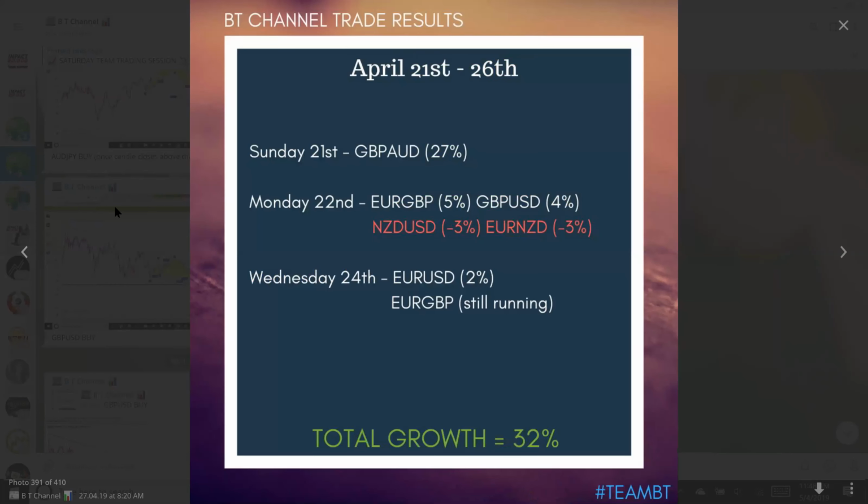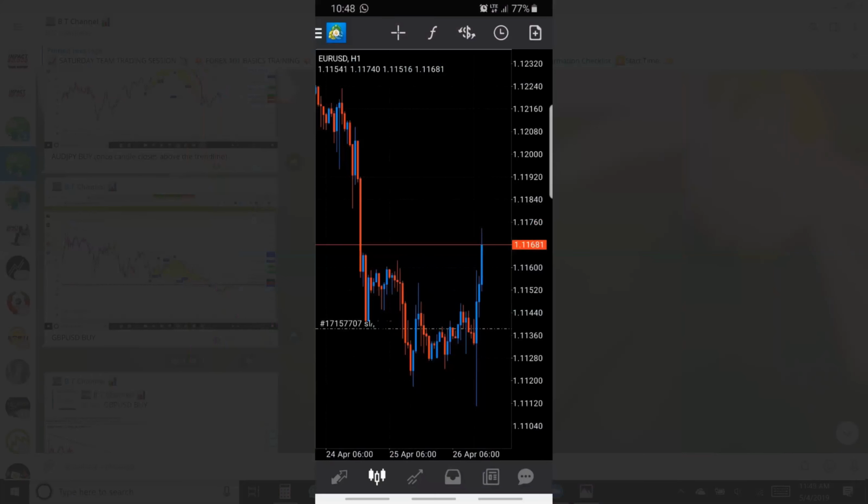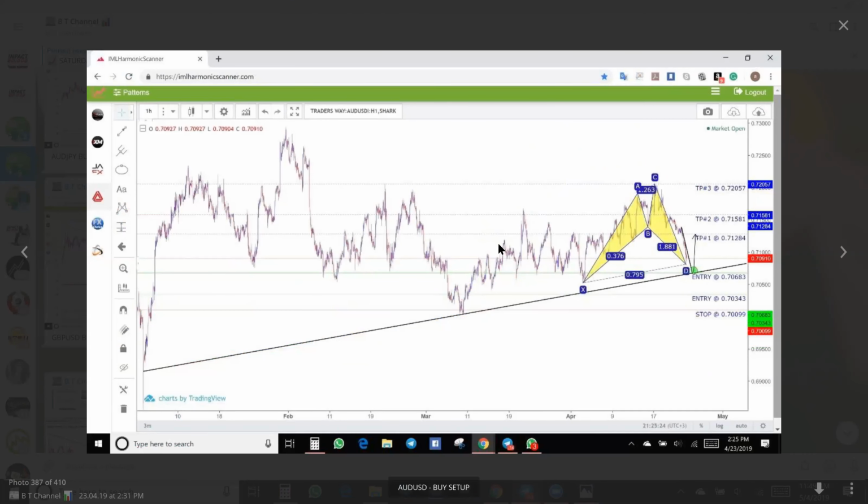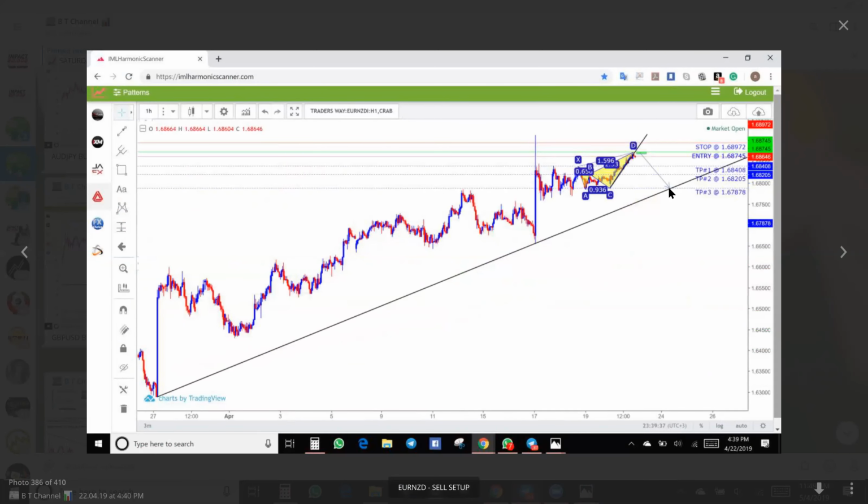That's why we could have 1, 2, 3, 4, 5, 6, 7 trades for the week and have 32%, lose 2. This is not a normal thing for us, but it is part of it, right? Let me go again. It gets to this point, you want to buy. Gets to this point, you want to sell.